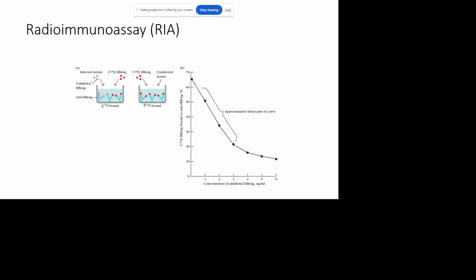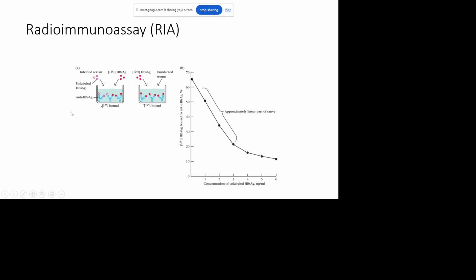So in radioimmunoassay, the idea is you can use a radio labeled antigen, and you will have a plate or a well which is coated with the corresponding antibody, and then you will use the infected serum, or you can do the opposite thing also.